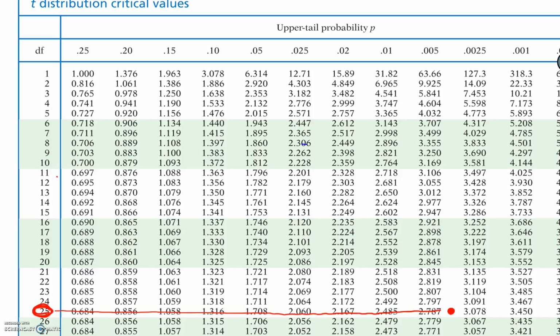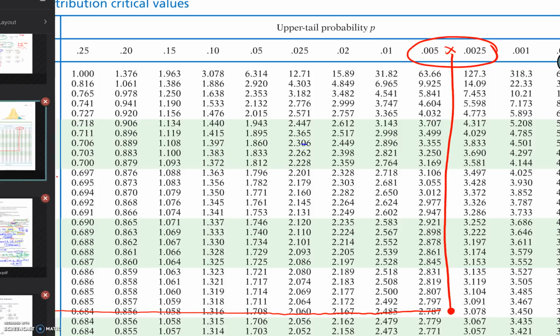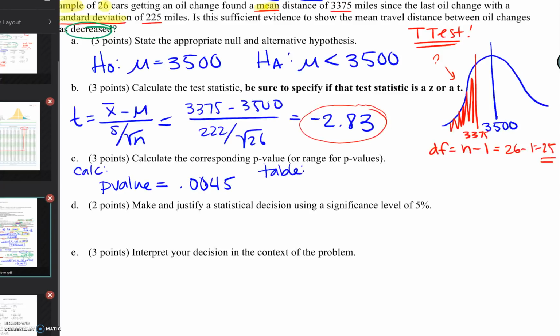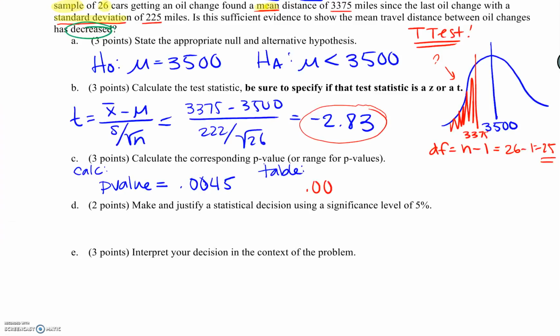It's not there, which means our corresponding p-value, or our corresponding tail probability, is somewhere between these two values. So 0.0025 to 0.005. So with the table, folks, we have 0.0025 to 0.005. That's our possible range of p-values here.